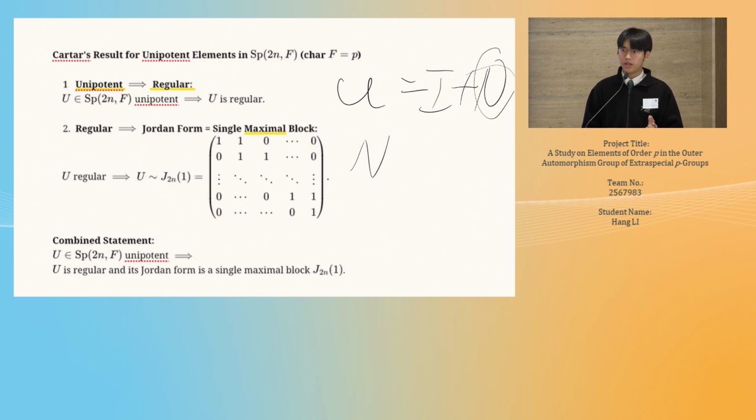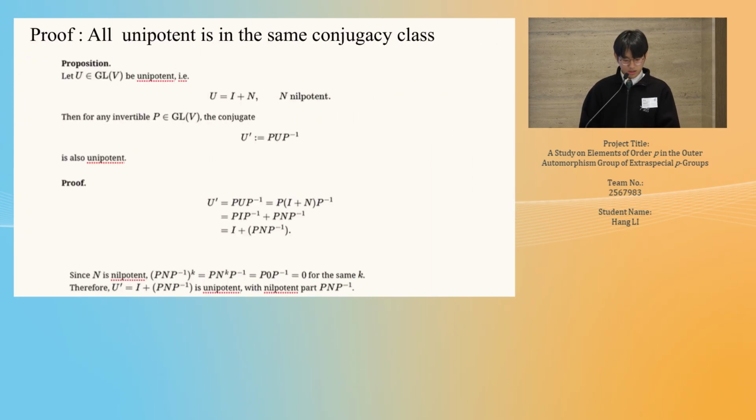But before I talk about how to calculate the number of order P elements in the symplectic group, I want to talk about the method. I would like to use the orbit-stabilizer theorem. When I use this theorem, I need to define the group action, the orbit, and the stabilizer in the group. So I will consider the group action to be conjugation.